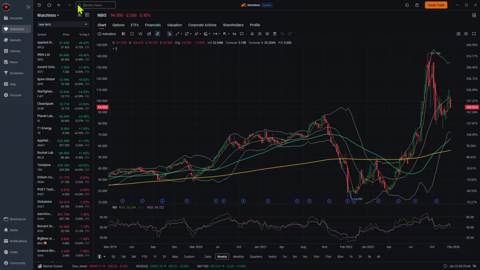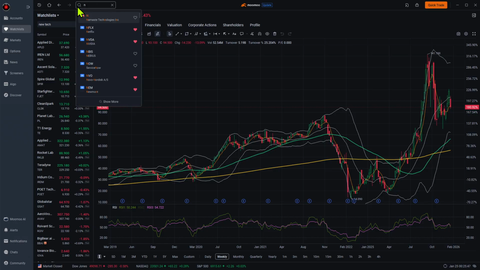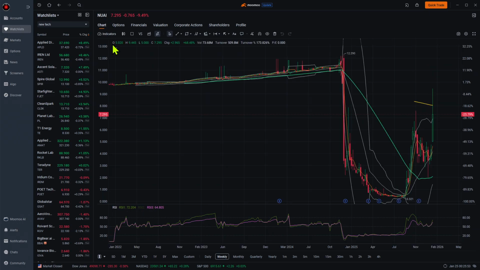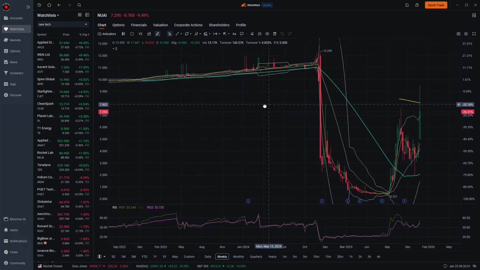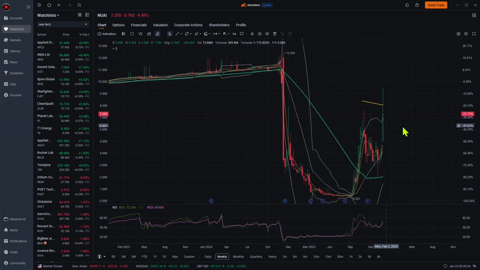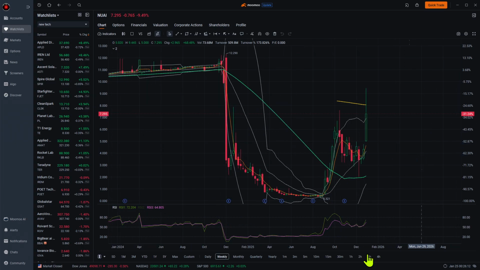NUAI. New Era Energy and ooh. All right, here we go. Everybody loves these rodeo stocks. Bullish trend. 2, 3, 4, 5.